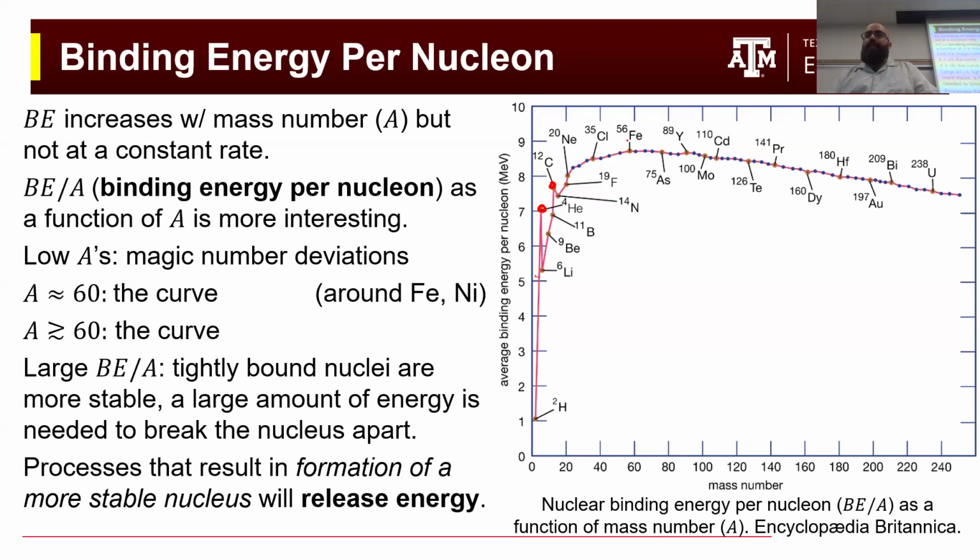If you get to around A equals 60, like around iron, that's where this curve peaks. So iron-56 has a very high binding energy per nucleon, as we can see on this chart. And then as you go past 60, it slowly and smoothly decreases.